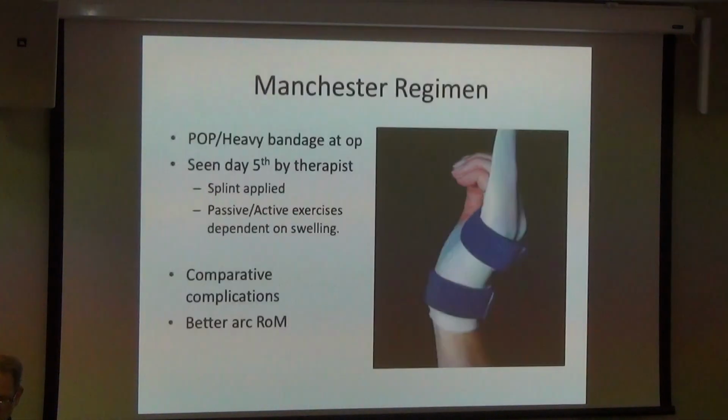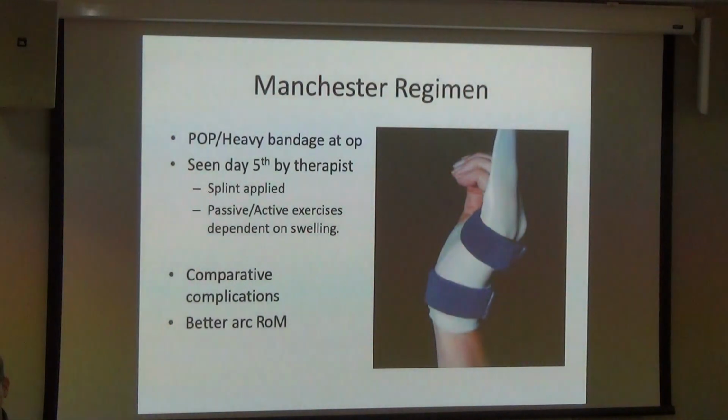And this is really just a simple protocol, which presumably even the people of Manchester can follow. Right? And the splint is really simple, it's removable, it holds the wrist into extension and the metacarpals slightly flexed, and it blocks certain movements.